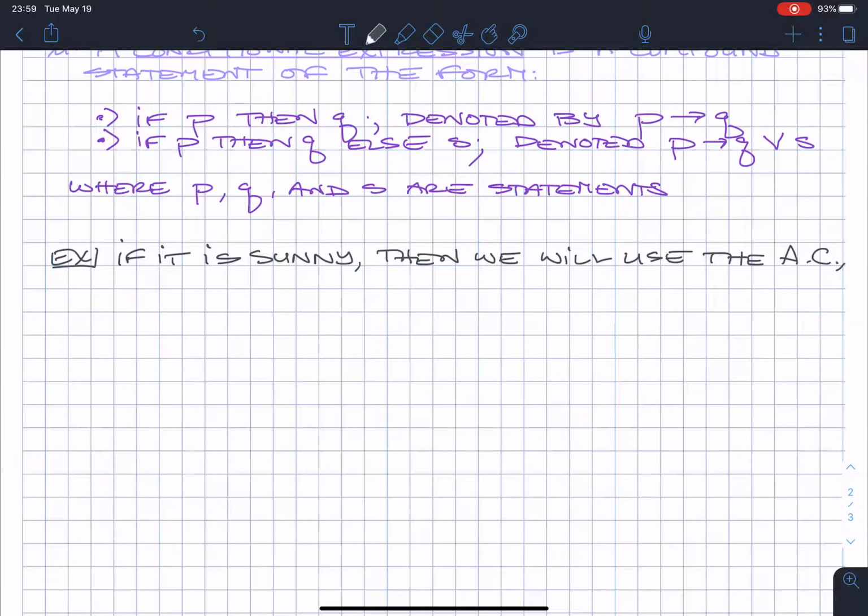Otherwise, which is another way of saying else, we'll open the window.